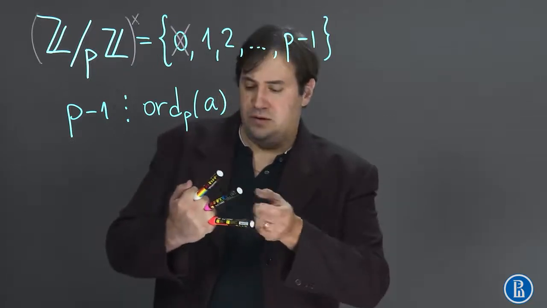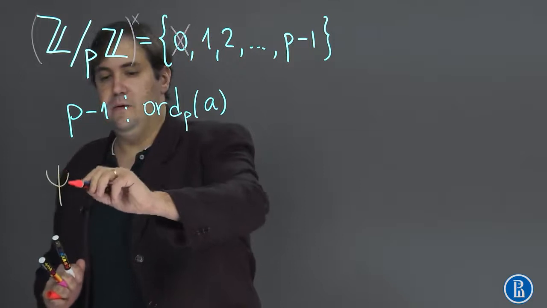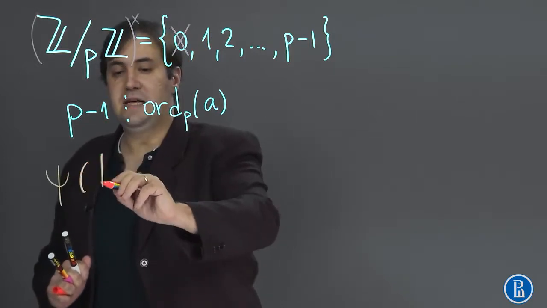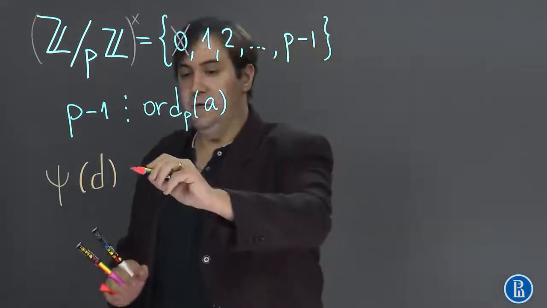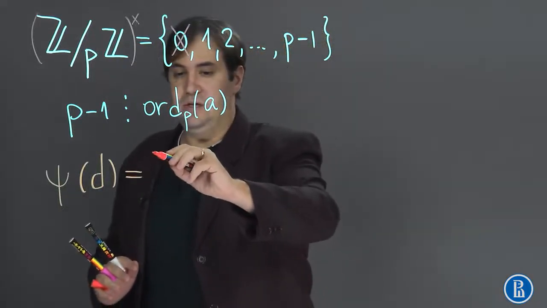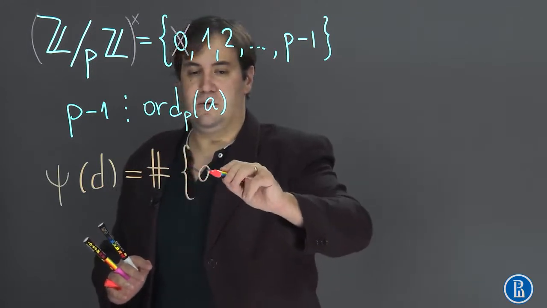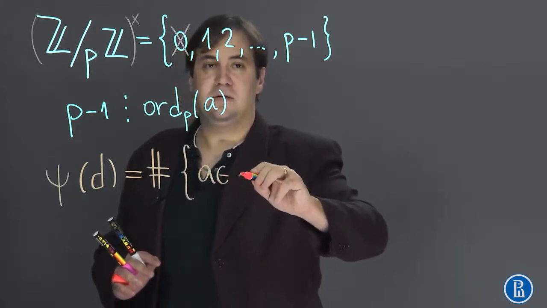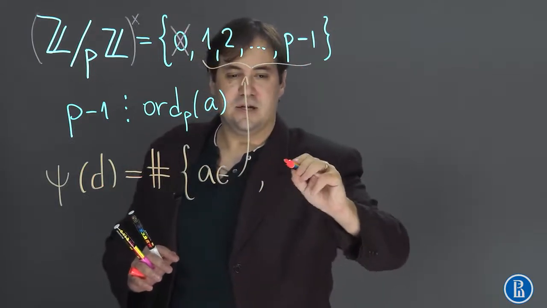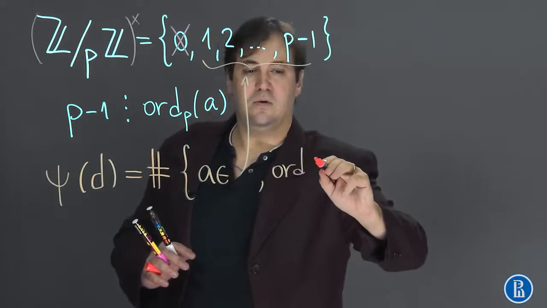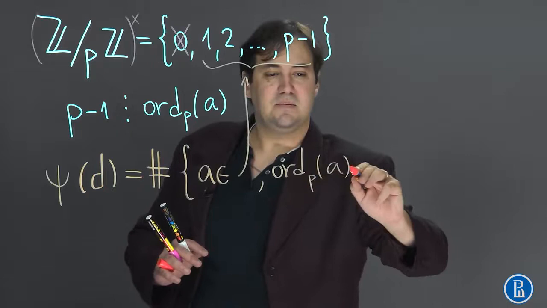Let's denote by psi of d the amount of elements of order d. So it is the number of elements A from here such that the order of this element A is precisely d.